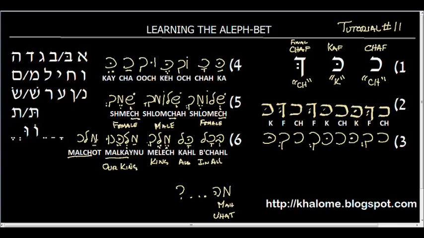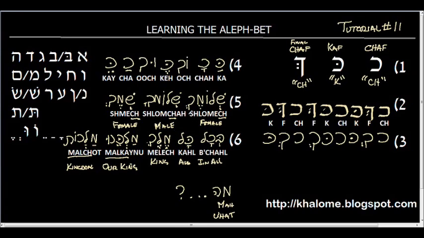Even the vowel mark stays the same, and then we're putting ot on the end, a tav, and that refers to a kingdom. So notice, king, our king, kingdom is melech, malkenu, and malchot. It's just a matter of changing the ending of the word, as well as the vowel markers, but also the chaf and the kaf.